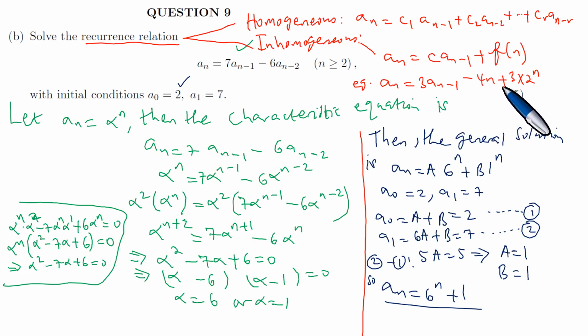Now this one is minus 4n plus 3 times 2 to the power n, so it is called inhomogeneous. Because of that, we'd have to first deal with the homogeneous case. We first make this 0, use our usual a_n equals alpha to the power n, and then get the general solution like we have done. After that, we get something called the particular solution for this extra term that makes it inhomogeneous. So we're going to look at examples like that. But let's look at the next problem.